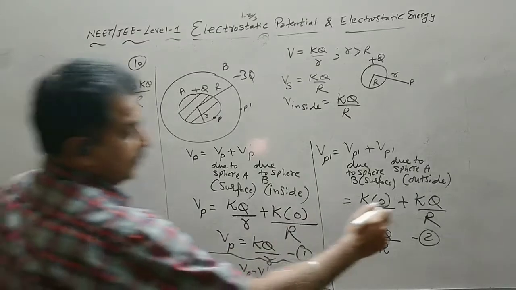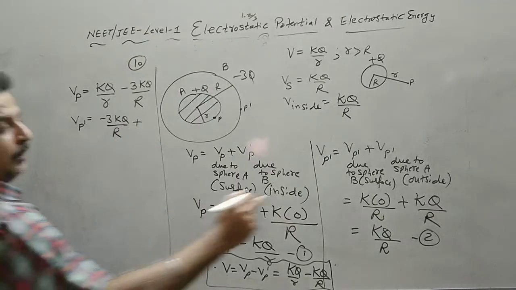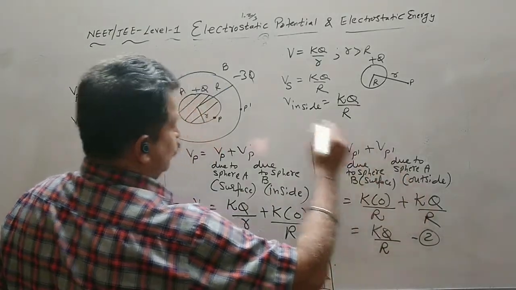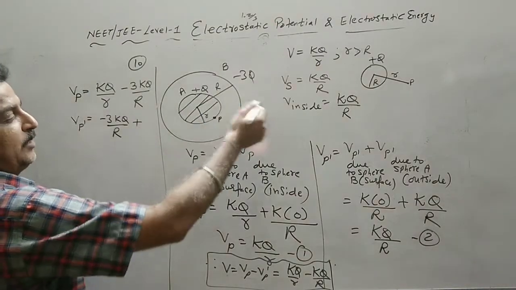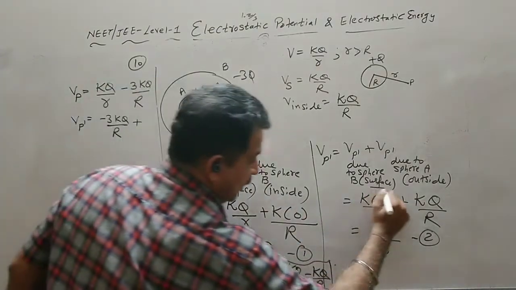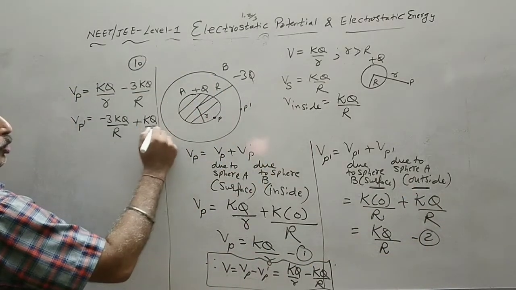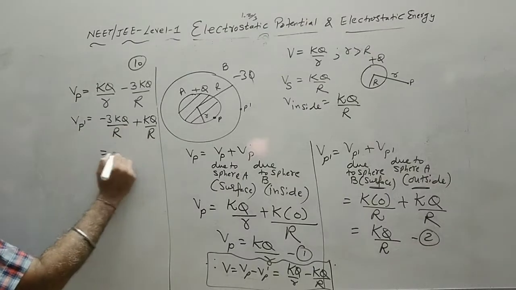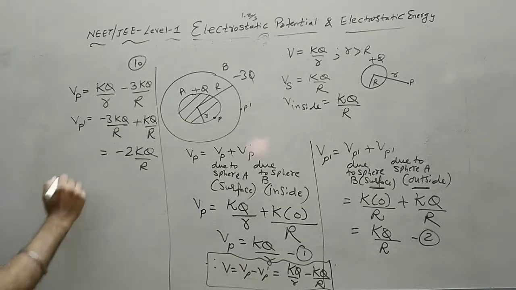And this is equal to, now next is kq upon R minus 3kq upon R plus outside. So for P dash, you have this source, P dash is outside. So you read this thing. So it becomes K source upon capital R. So this becomes minus kq upon R. Now again I find out the potential difference.